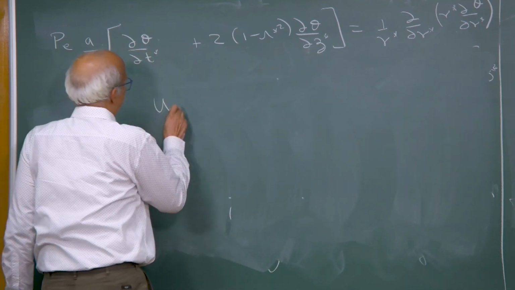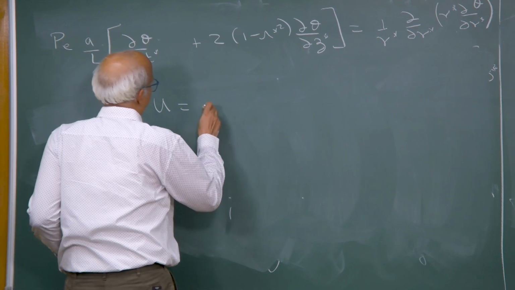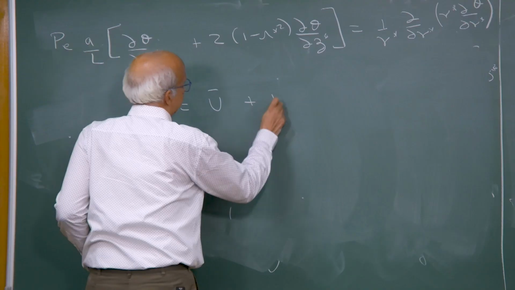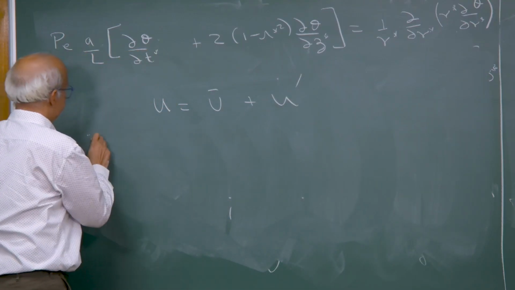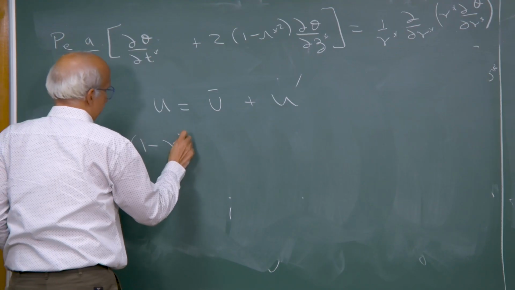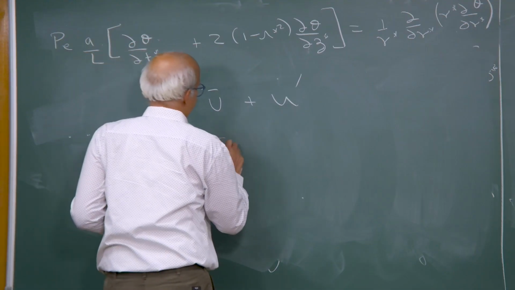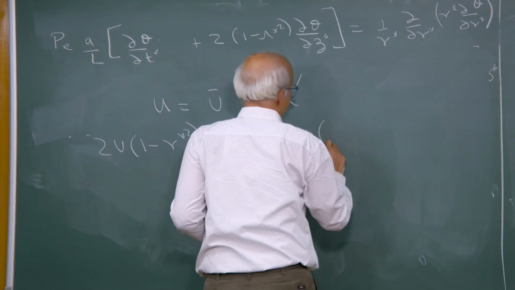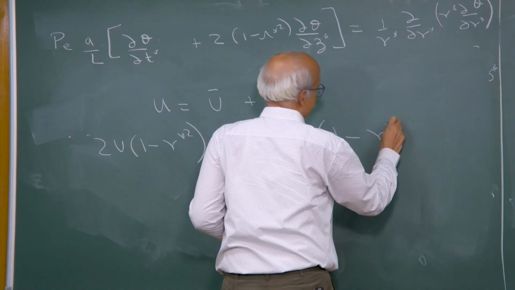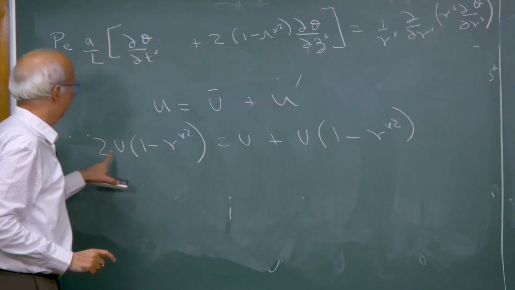So, u is equal to u bar plus u dash. Okay. u is, we wrote it as 2u times 1 minus r star squared. Okay. And this is u plus u times 1 minus 2 r star squared. 2 comes inside, I have taken out one of the u's outside.